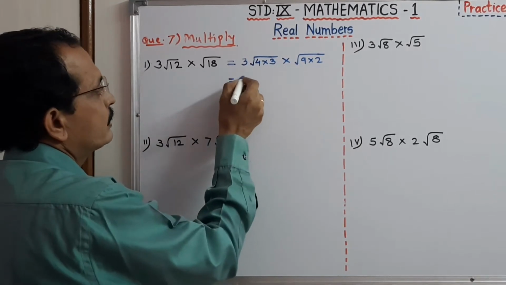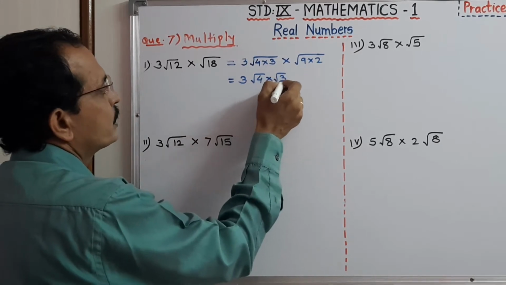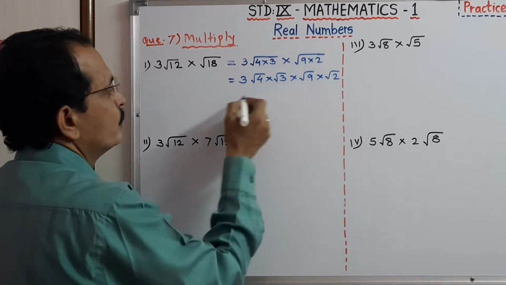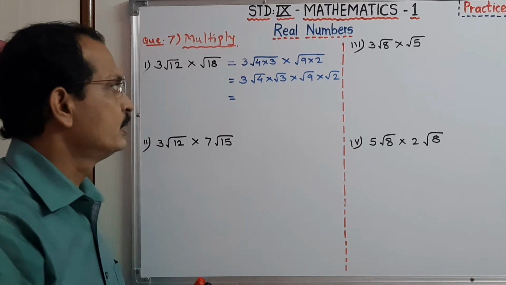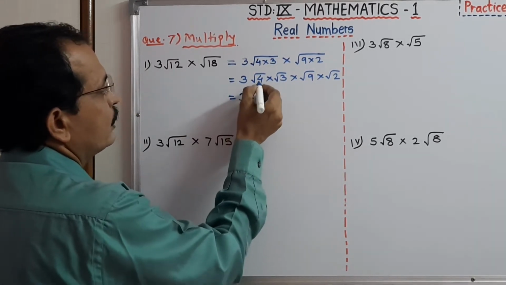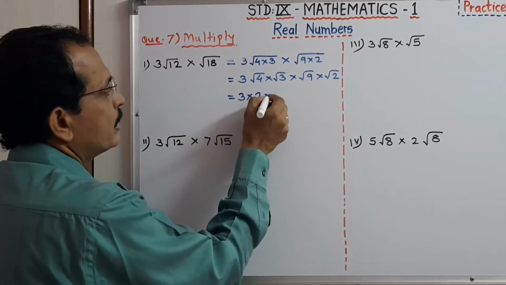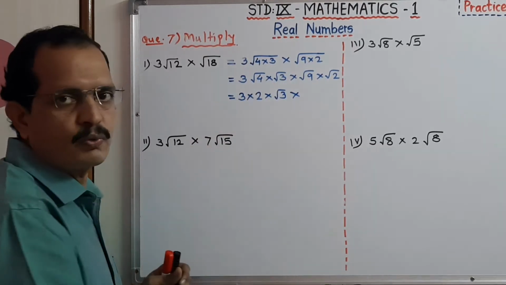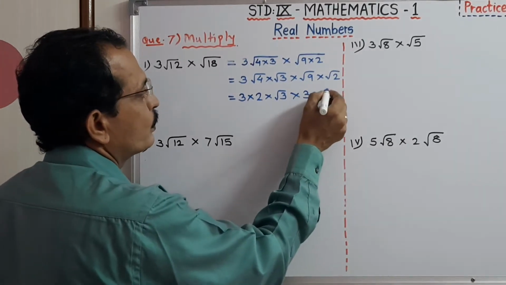Then we write here 3 square root of 4 into square root of 3 into square root of 9 into square root of 2. Now see here, we have to do the multiplication. For multiplication, first we write here 3, then square root of 4. Square root of 4 is 2, then root 3 as it is, into this square root of 9. Yes, it is 3 into root 2.